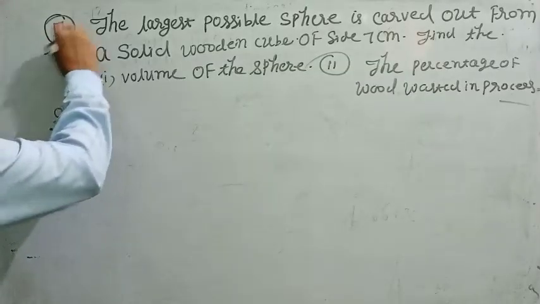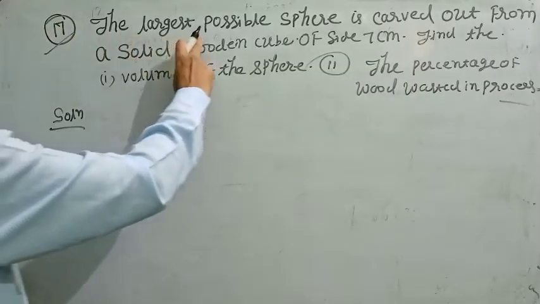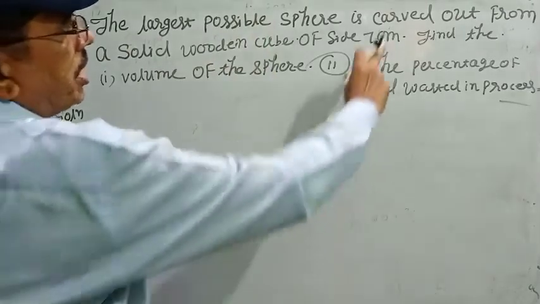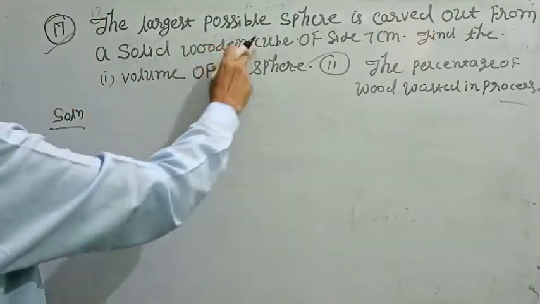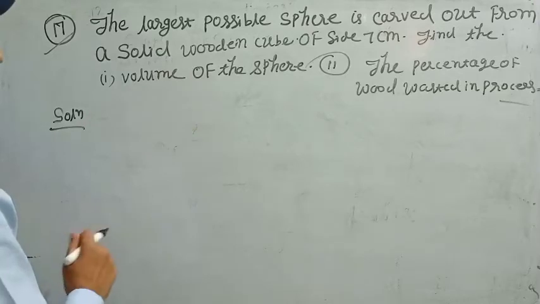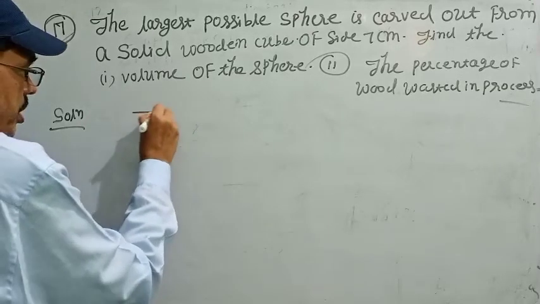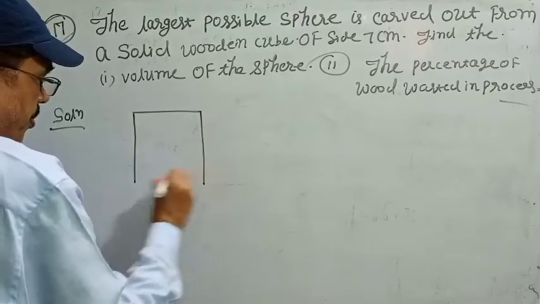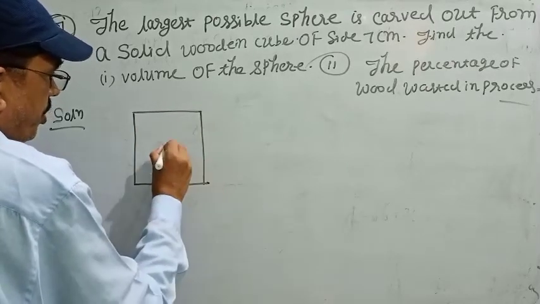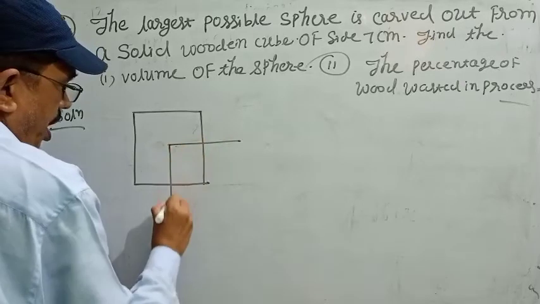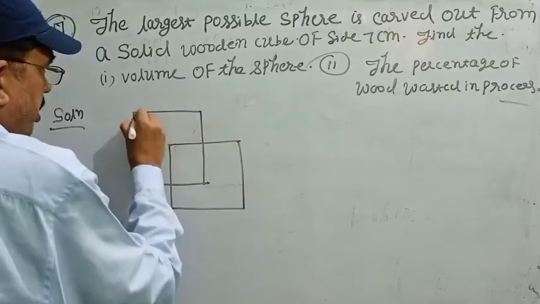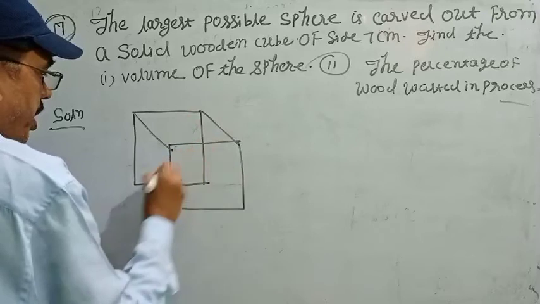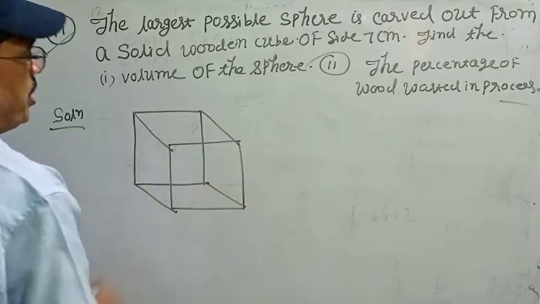Now see question number 17. The largest possible sphere is carved out from a solid wooden cube of side 7 cm. Dear student, it is a solid cube made of wood and a sphere is cut from it.